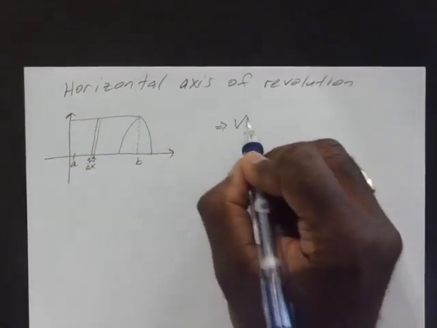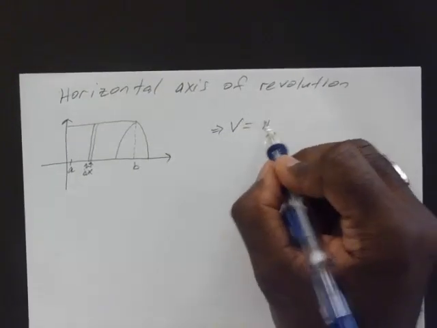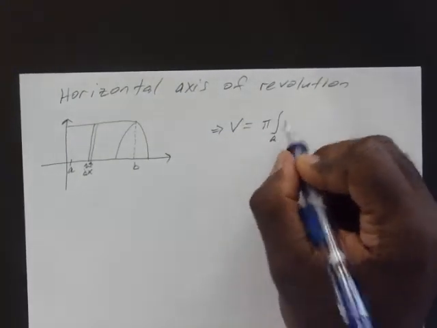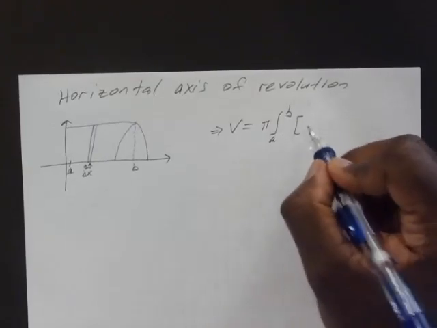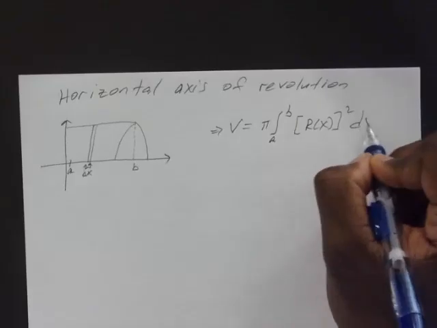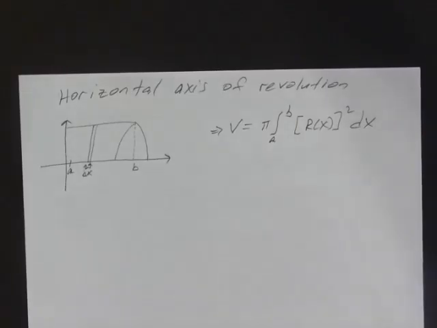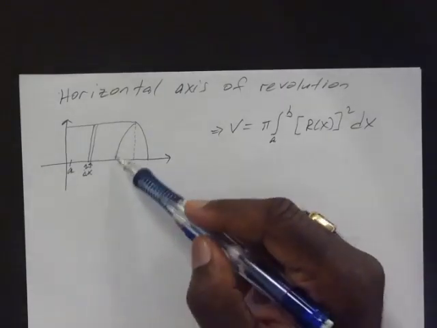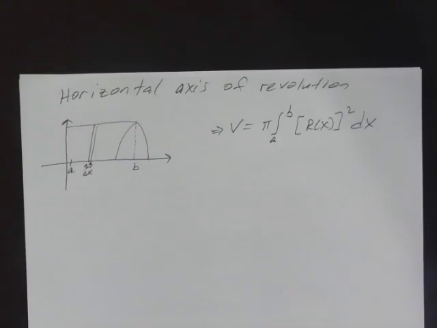Then that volume is equal to pi times the integral from a to b of r of x squared with respect to x. If you revolved it around the x-axis, you just get a complete cylinder.